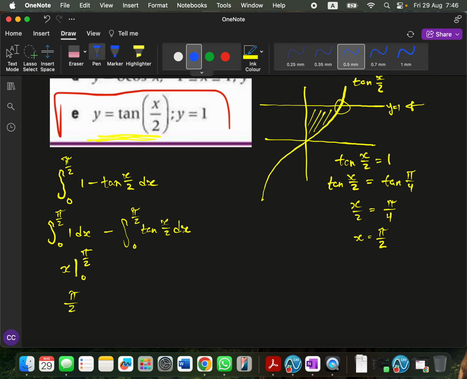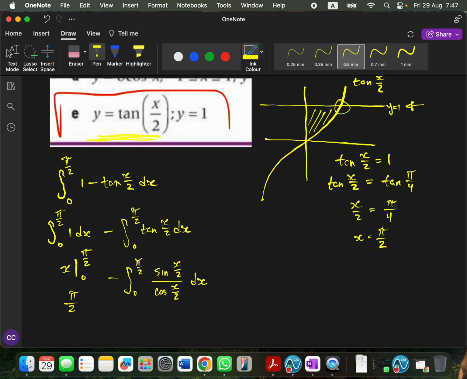Now, we have to do a little bit of work on this second function. So in order to do this work, I'm going to rewrite the tangent of x over 2 as the sine of x over 2 divided by the cosine of x over 2.